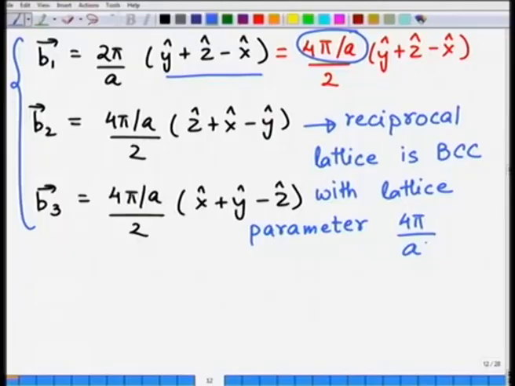So, simple cubic transforms into simple cubic, body centered cubic transforms into an FCC reciprocal lattice, and an FCC lattice transforms into a BCC reciprocal lattice. You are welcome to try this for hexagonal lattices also, or any other kind of lattices. You will find hexagonal transforms into hexagonal itself, but with that exercise, I think you now get the idea of how the reciprocal lattice transformation is done.